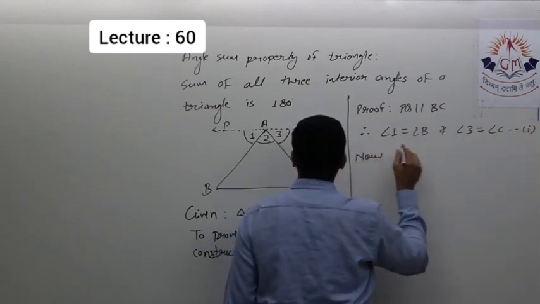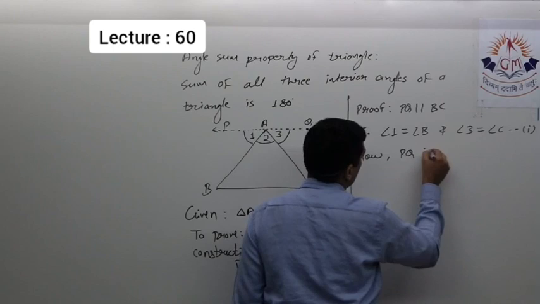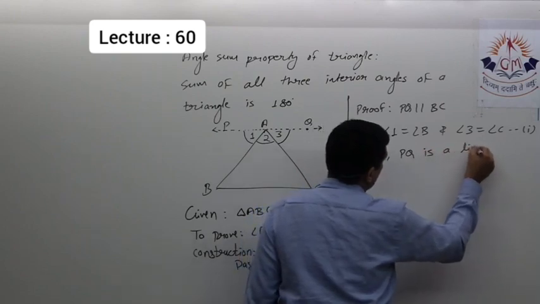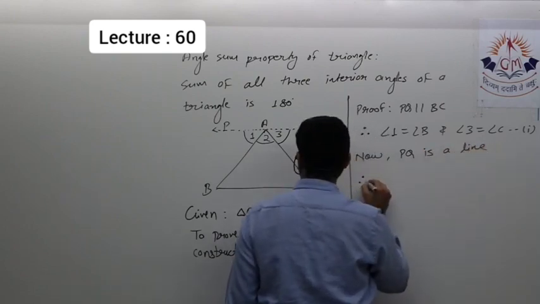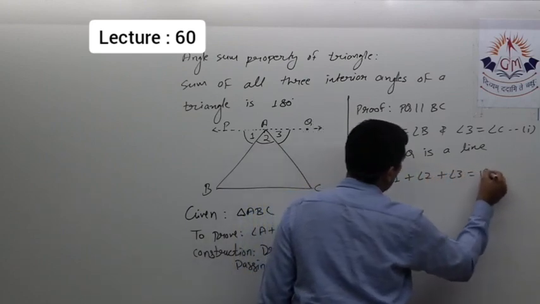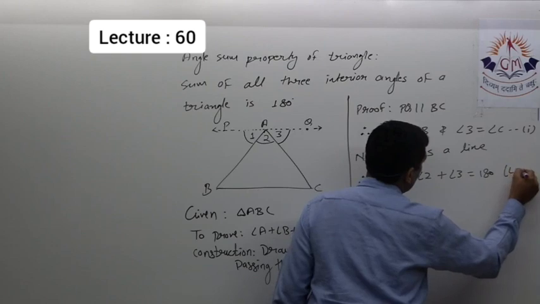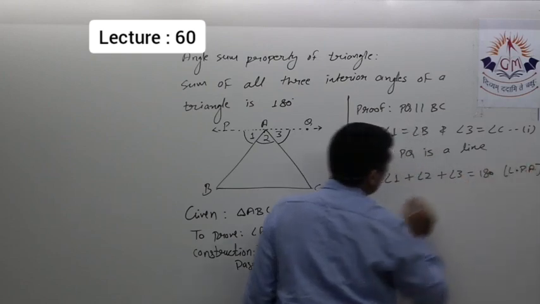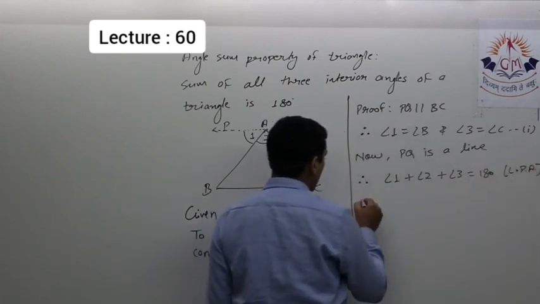Now PQ is a line, therefore I can write angle 1 plus angle 2 plus angle 3 is equal to 180 degree. Reason is the linear pair axiom.